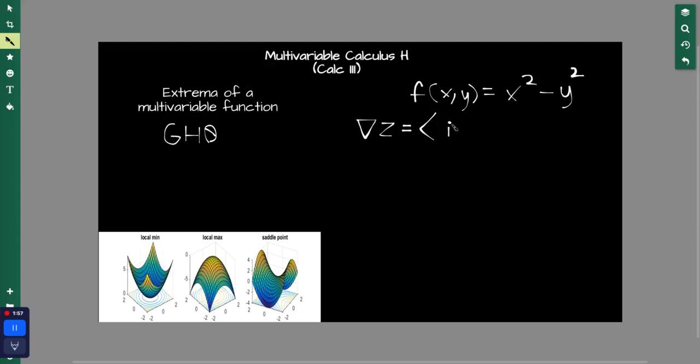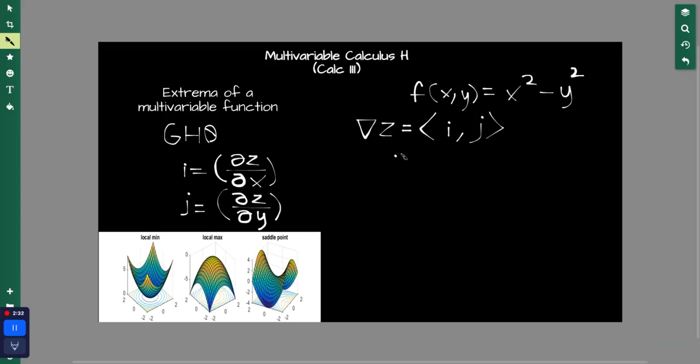So it will be i, j, and i equals the partial differential of this function by x, and j equals the partial differential of this function by y. If you don't know how to do partial differentiation, then please watch my last video on it and come back to this one. So let's look at these differentials here.